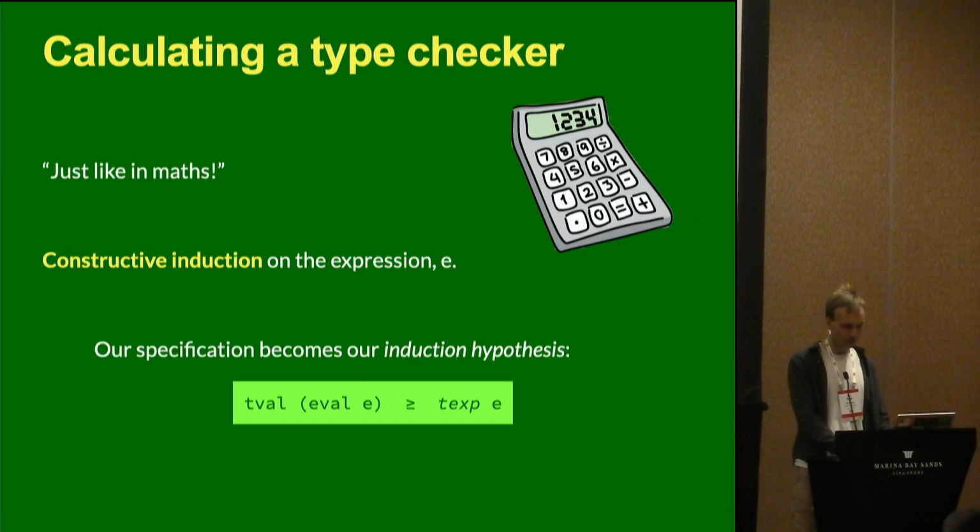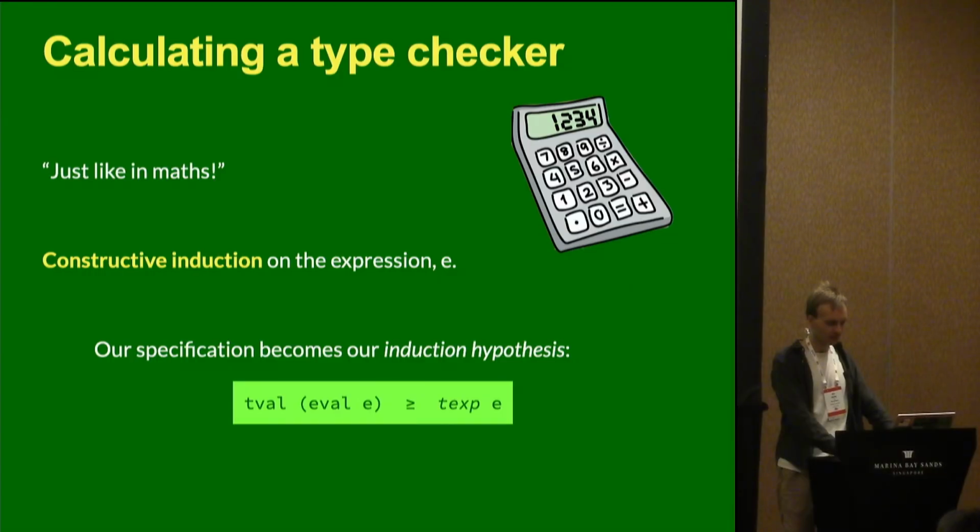So with that, we can try and start these calculations. I like to say it's just like in maths. It's a bit of a lie. But it's sort of just like in maths. Essentially what we're doing is we're trying to solve this inequality by induction, specifically what we call constructive induction, which is we're solving it, but while we're solving it, we're allowed to introduce definitions, defining clauses of this tx function, or of any unknown really, in order to make the proof go through.